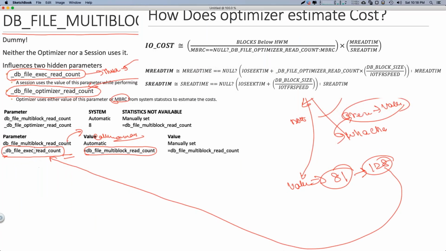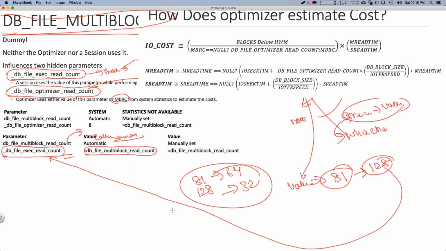If you are allowing Oracle to calculate the value of DB file multi-block read count, even though it comes with 128 or 81 or 64 or 32, whatever it is, then Oracle will by default set the optimizer read count value to 8.